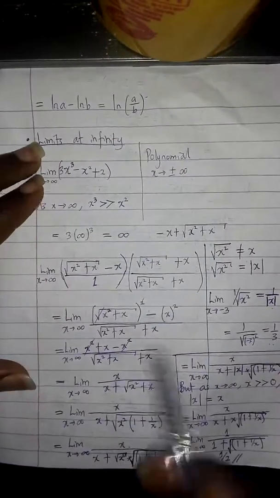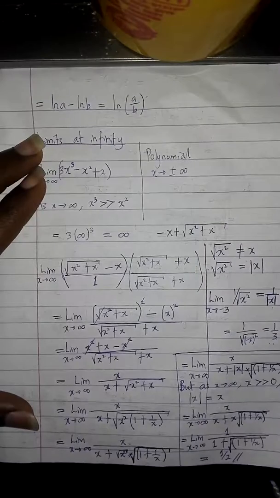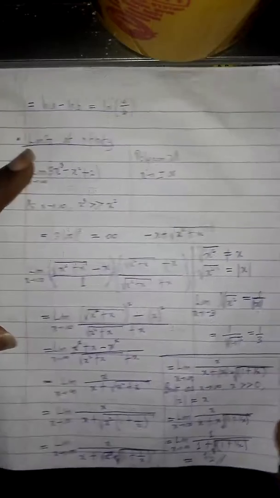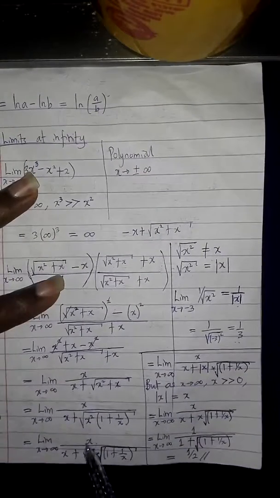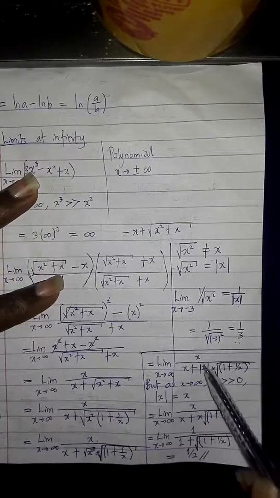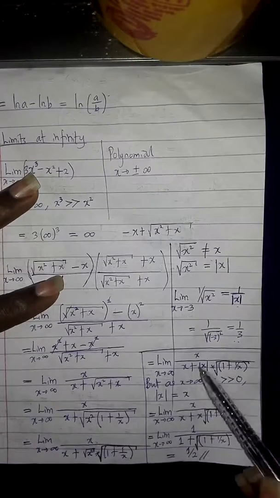When we did this in the last class, when we got to this point after factorizing, we recognized that the square root of x squared is actually the modulus of x, like we just explained.